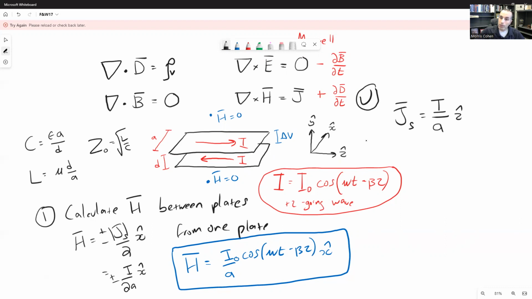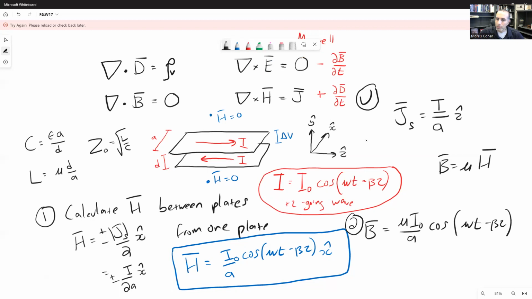And we've got H, and so from that we can get what the B field is, because B equals mu, the permeability, times H. And so from that we can get that B, and this is now step 2, equals mu times I0 over A times cosine of omega t minus beta z in the x direction.